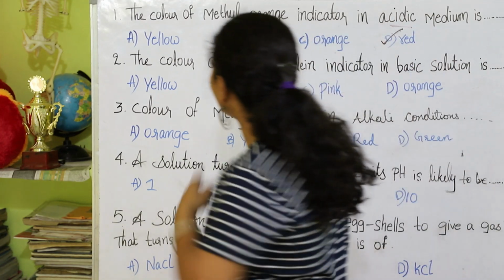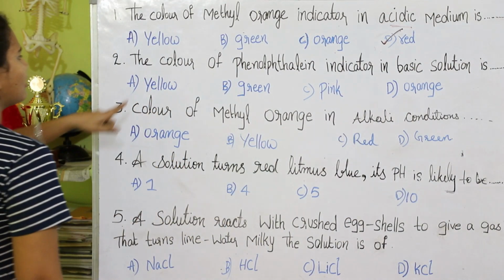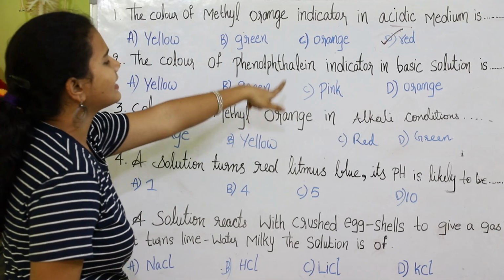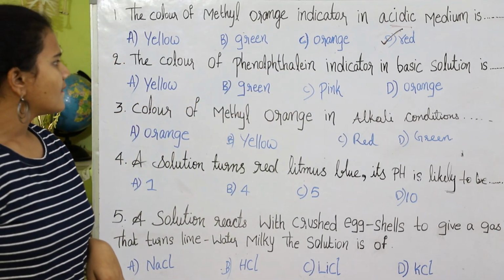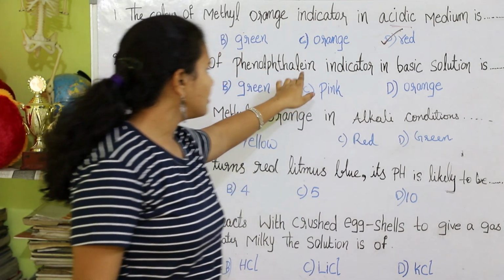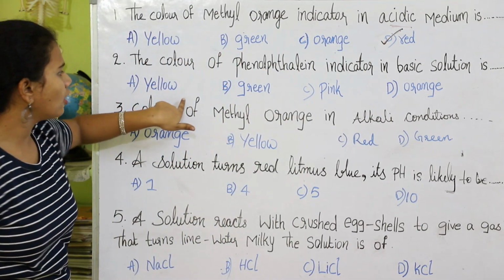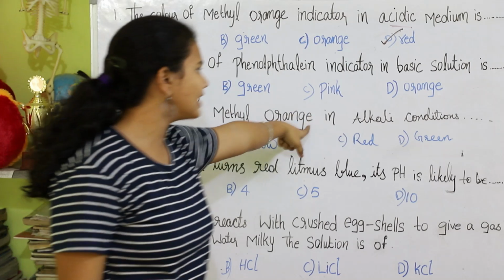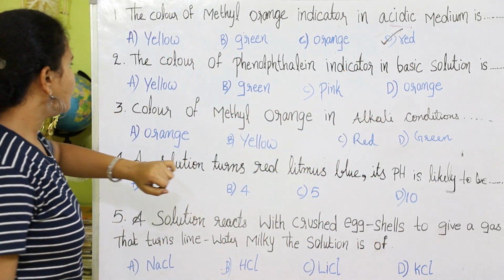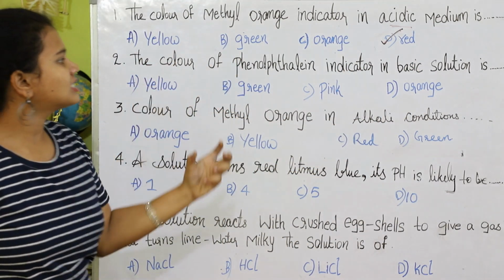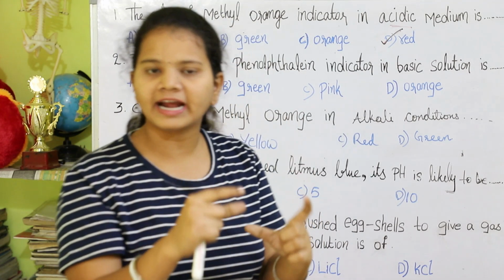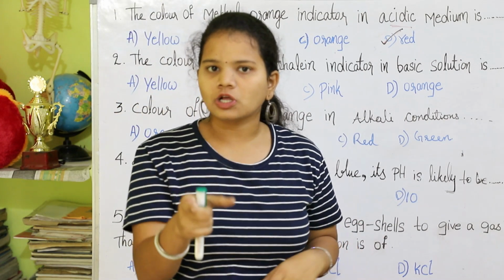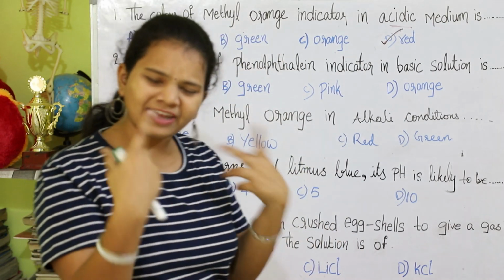Now the second one: the color of phenolphthalein indicator in basic solution is? Option A yellow, option B green, C pink, D orange. Phenolphthalein indicator, when it is mixed with basic solution, shows pink color.